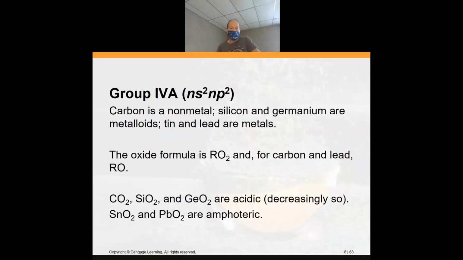All right, so carbon is a nonmetal, so silicon and germanium are metalloids. Here we have two that would react both as an acid and a base. When you get below that, you're going to have your bases. Again, the metals are going to be basic. We already did carbon.